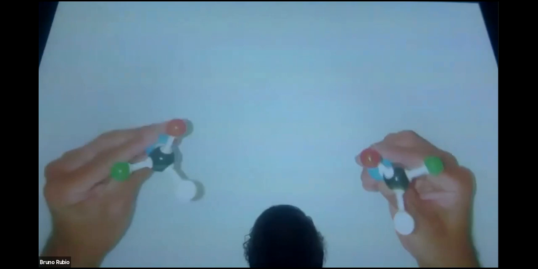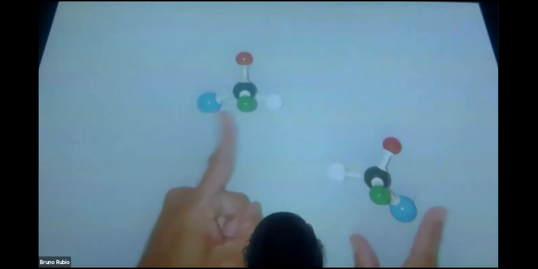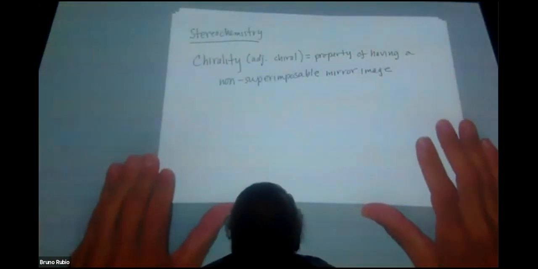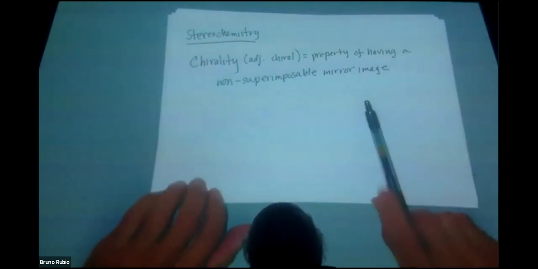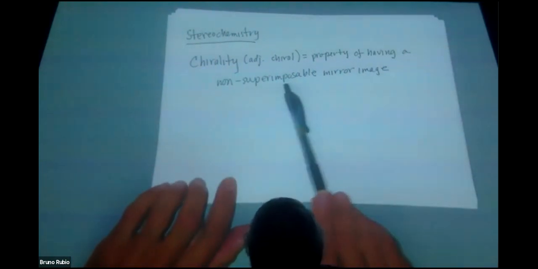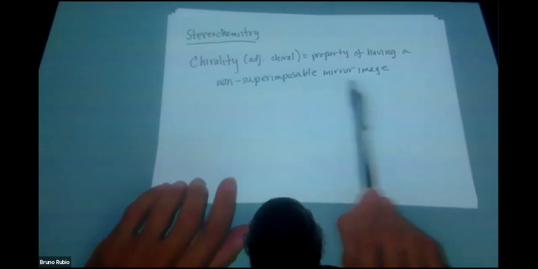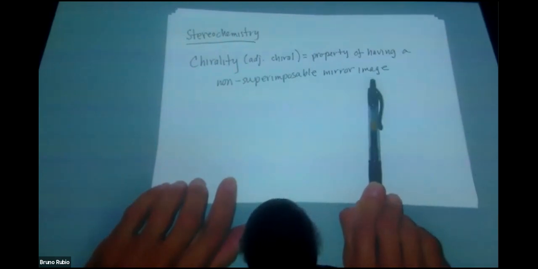So these guys, they're chiral. This guy right here, he's chiral. He has the property of having a non-superimposable mirror image. This guy, he's chiral. He has the property of having a non-superimposable mirror image. So getting back to this definition, everybody remembers the mirror image part, right?